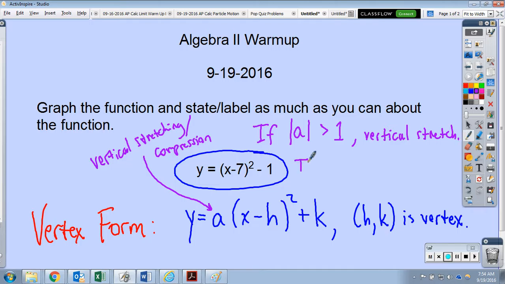And then if the absolute value of A is between 0 and 1, in other words, if it's something like -1/4, 1/4, 2/3, 4/5, -4/5, anything where the absolute value of A is fractional, then we have vertical compression.